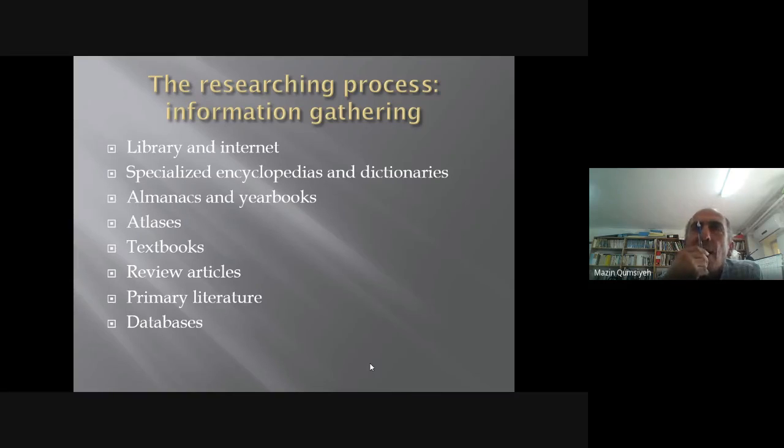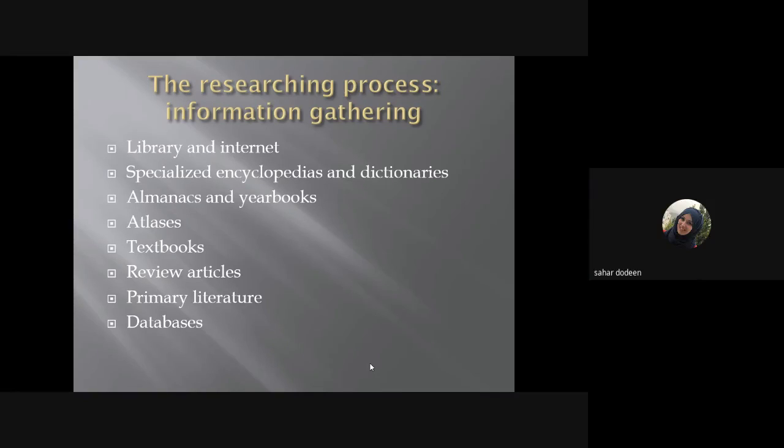No. What's the difference between primary literature and secondary literature? The paper that we just looked at, is that primary literature or secondary literature? Secondary. The primary is the literature that we brought from the original resources.